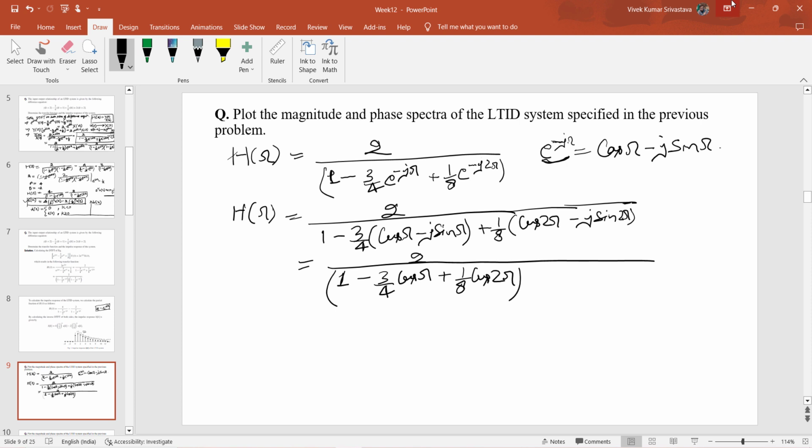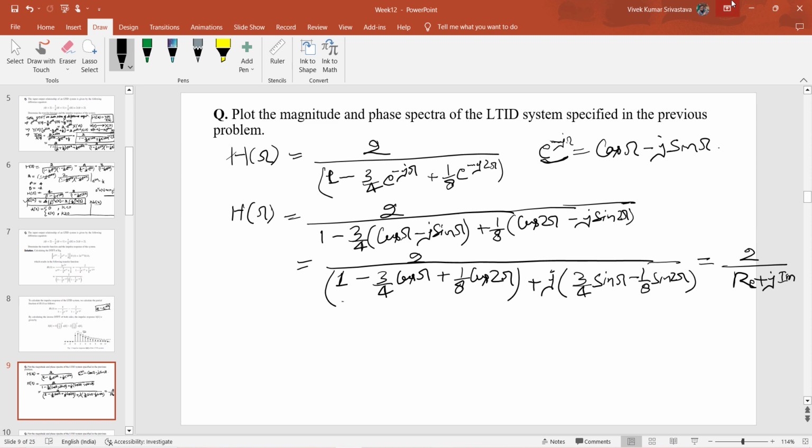Here I am just trying to separate the real and the imaginary part present in the denominator function, plus j times (3 by 4 sine of omega minus 1 by 8 sine of 2 omega). So this can be written as 2 over real part plus j into imaginary part.